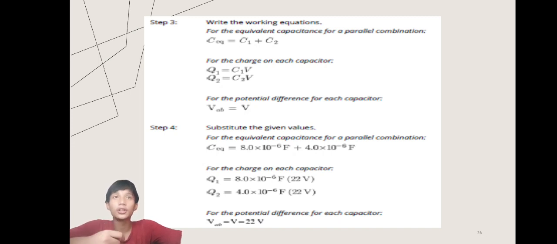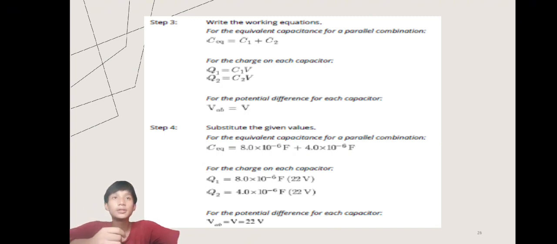Next, the charge on each capacitor is also very different. For Q1 it is C1 multiplied by V, and for Q2 it is C2 multiplied by V. And for the potential difference, it is already given. There is actually no equation for it. It is just VAB equal to V, which is 22.